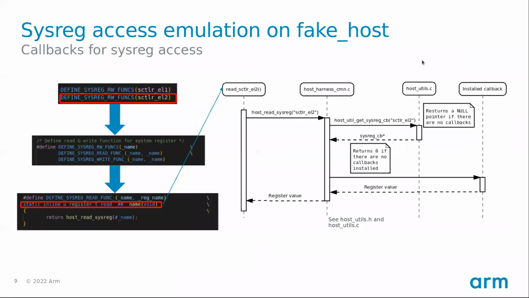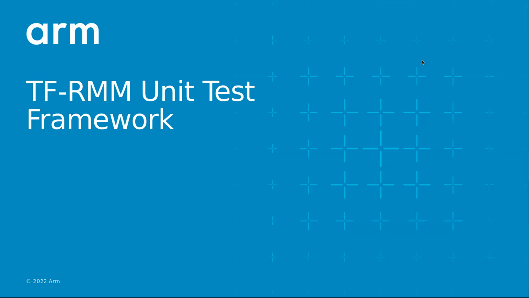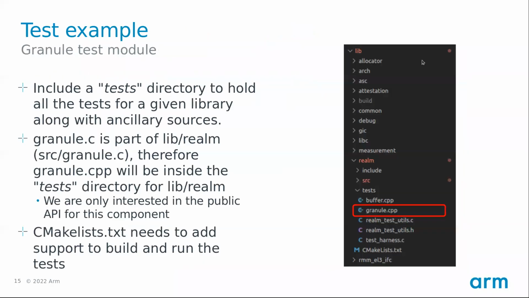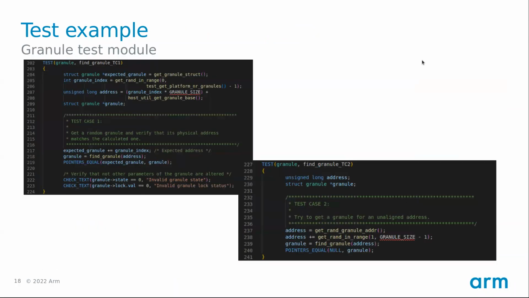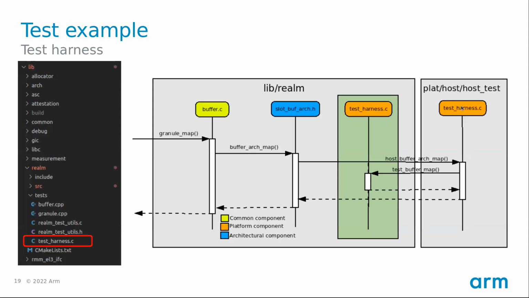So in this case, we move forward. Here we are. In this case, the harness belongs to the host test variant, not to the host build. The first part of the call to granule map is quite similar.